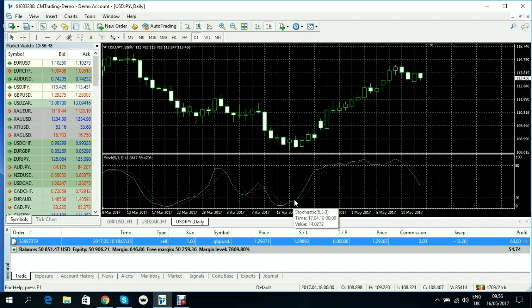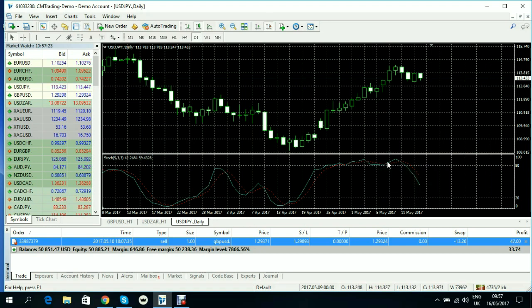Then when the market is overbought, which means that the stochastic lines have crossed so that they are above the 80, it indicates that a reversal will soon happen. And so what we do is to sell.